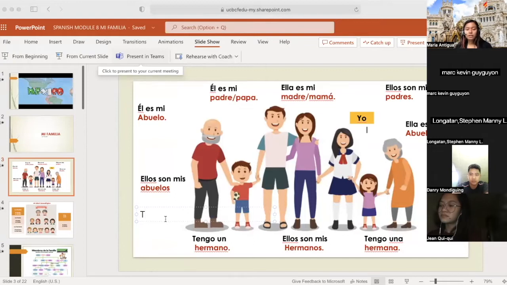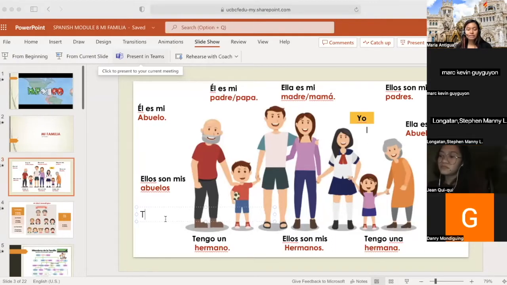We have been repeating and repeating it all over again, so this is not a new concept to you guys. You just have to recall your midterms, your module 7. What is this? What verb? Tengo. Tener. Muy bien. Let's try to conjugate it as a review.